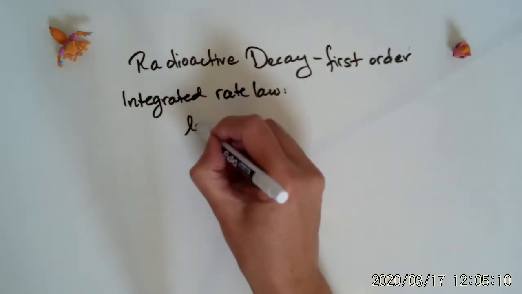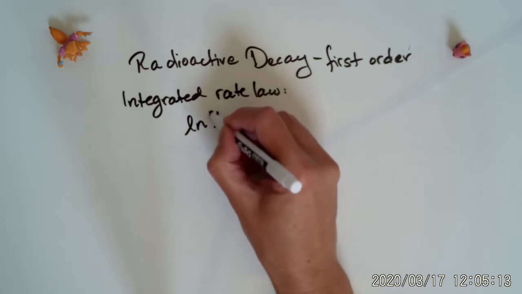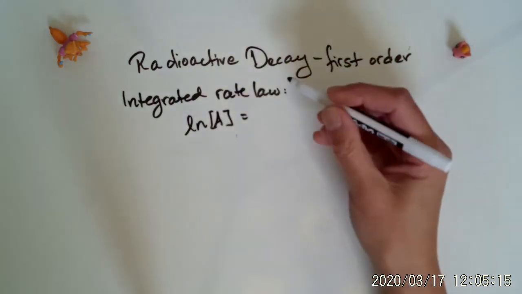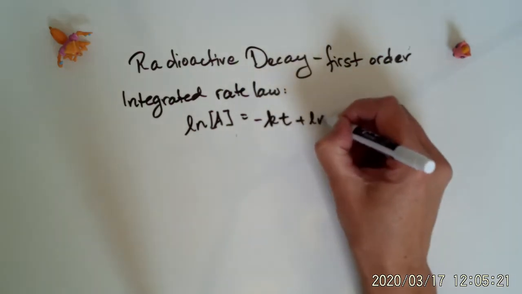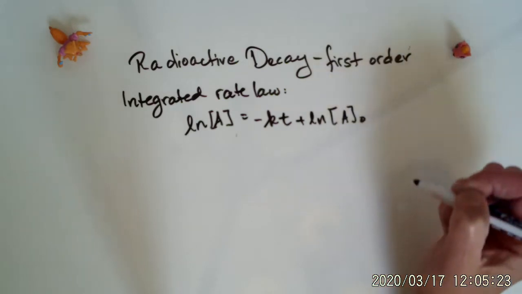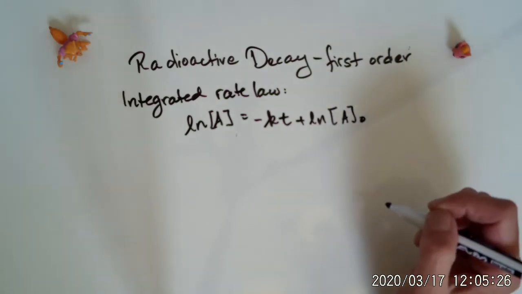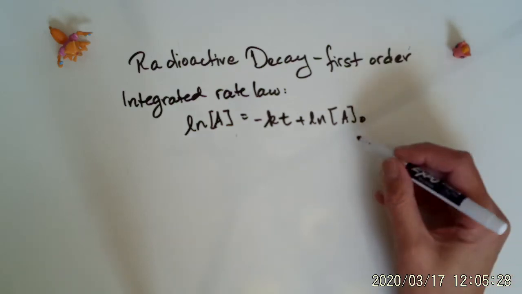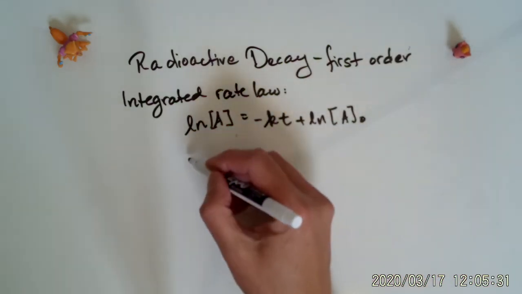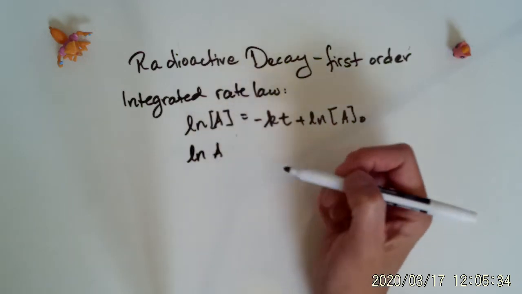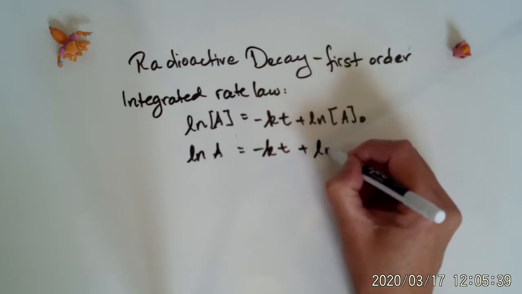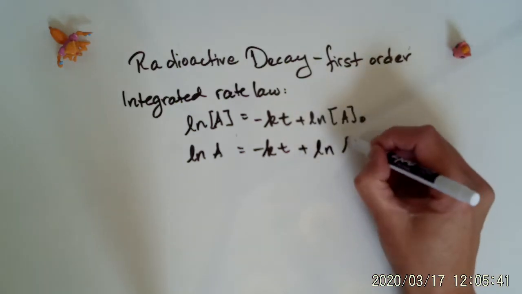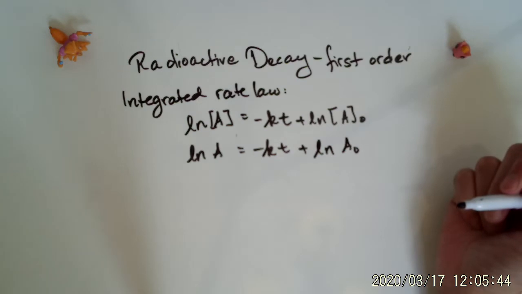is this, that the natural log of the concentration of A is equal to minus kt plus the natural log of my original concentration. But when we talk about radioactivity, a lot of times, since they're solids, we can also just use the amount of A. It could be in mass, or it could also be in terms of its radioactive count, because the radioactive count is directly relative to the mass.